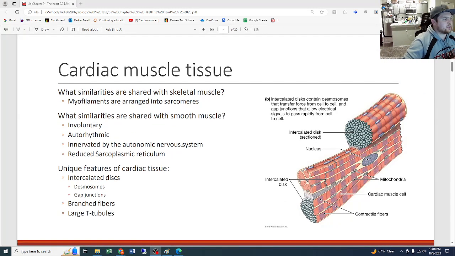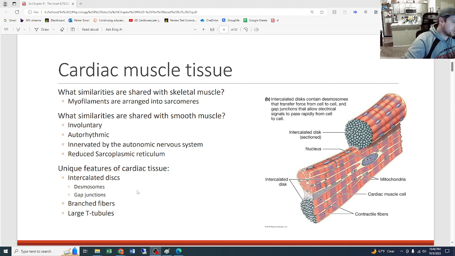The unique features of the cardiac tissue: they have intercalated discs. In between the different cardiac cells, they have intercalated discs, which are basically like an anchor filled with desmosomes. Desmosomes are like the glue that holds the cells together.